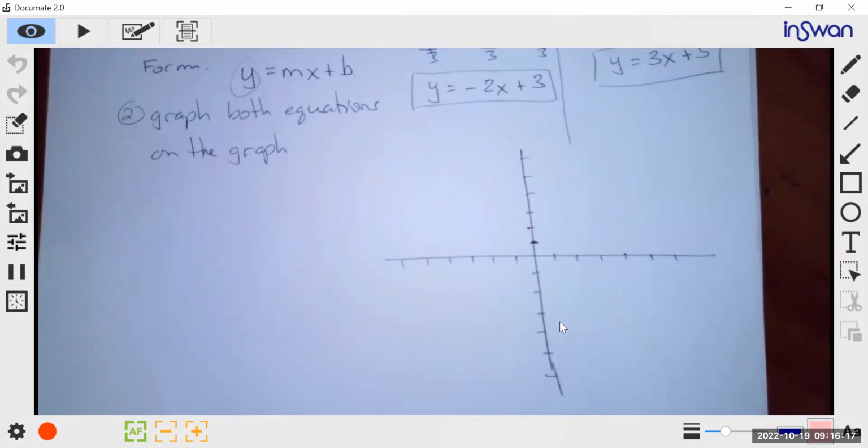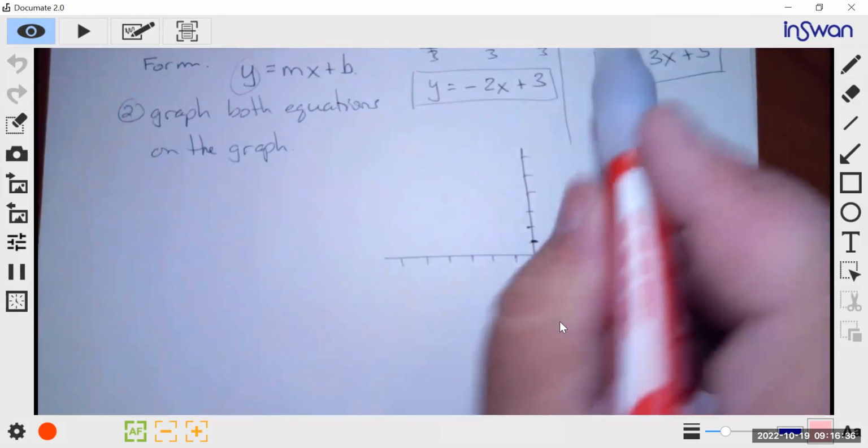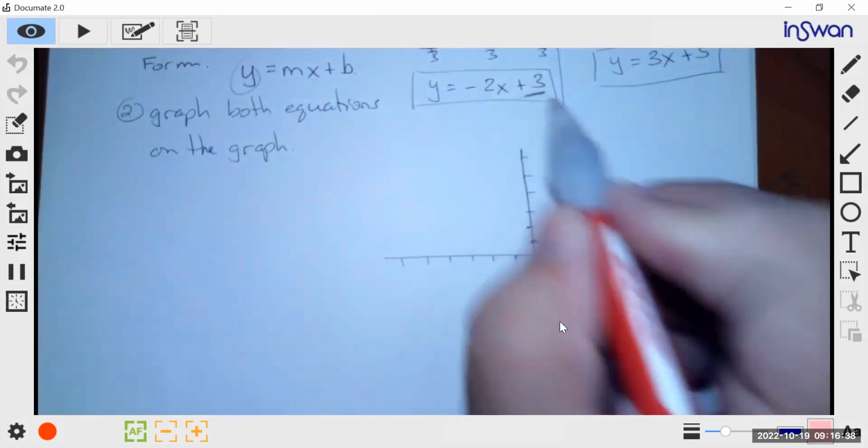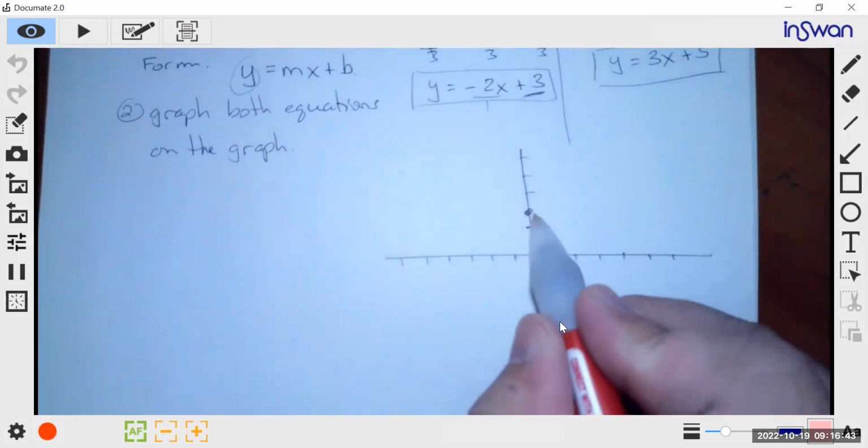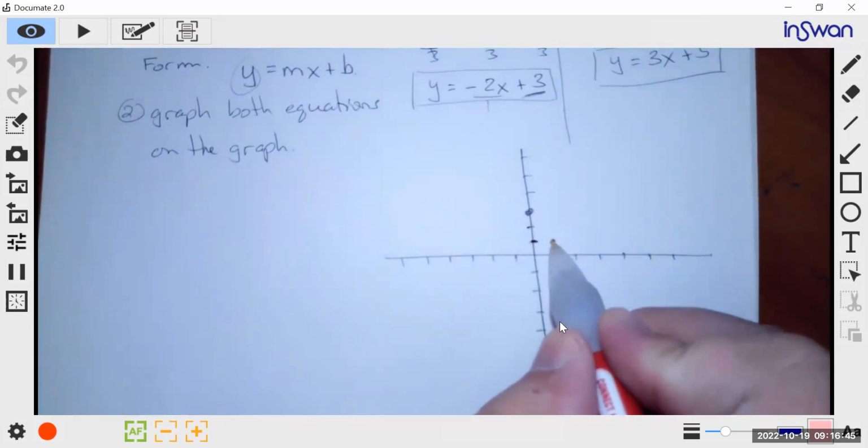How do you graph these equations? Anybody remember? Start with the y-intercept and then follow the slope down 2 over 1.